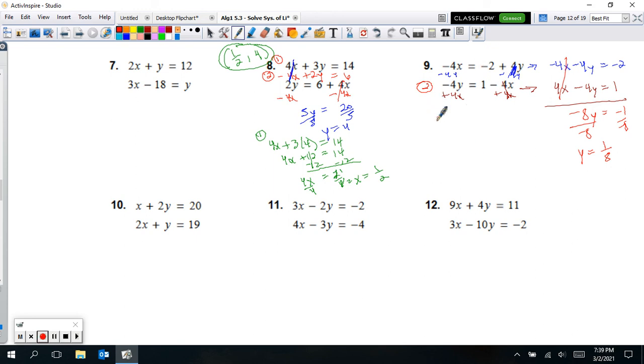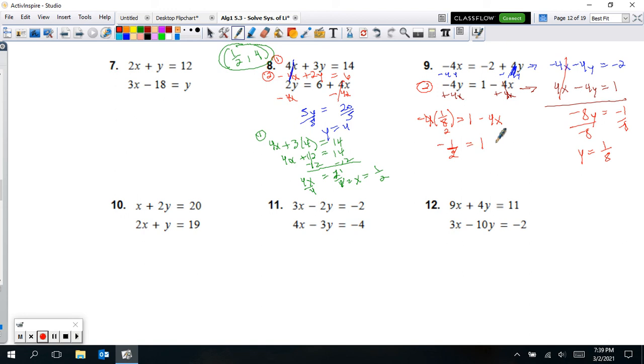So when I plug it in, negative 4 times the 1/8, and then it's equal to 1 minus 4x. So now I'm going to cross cancel 4 and 8. 4 becomes 1, and 8 becomes 2. So now this is basically a negative 1 times a 1/2. So that's a negative half.